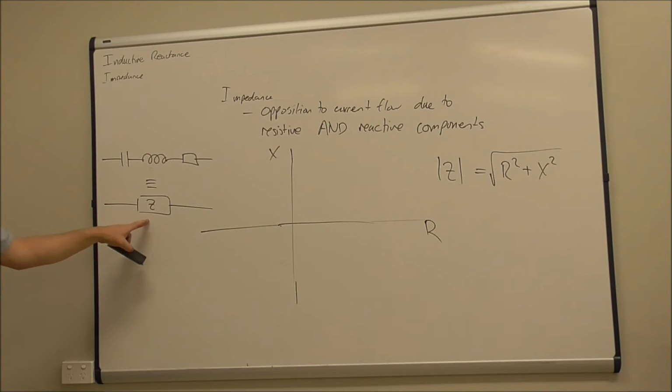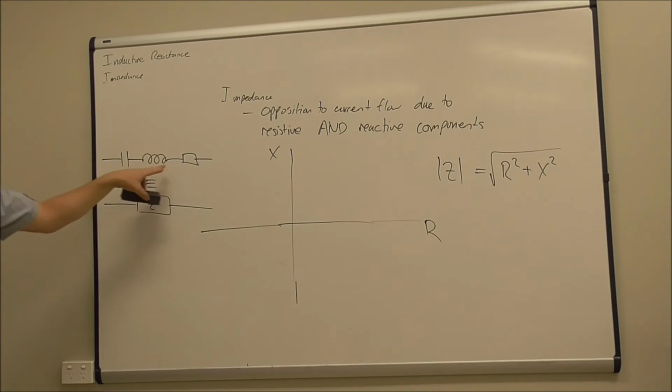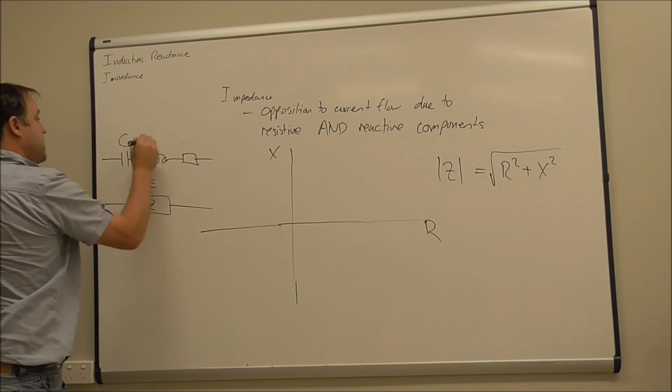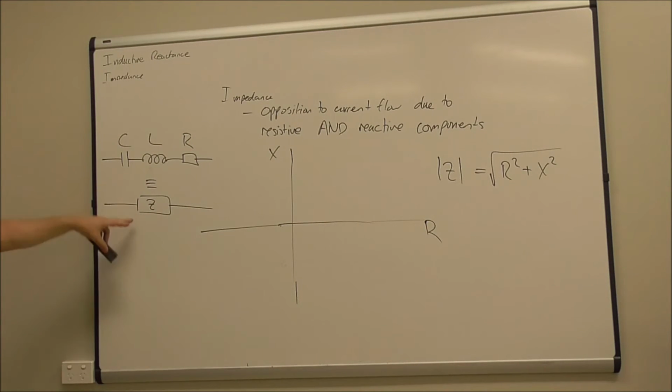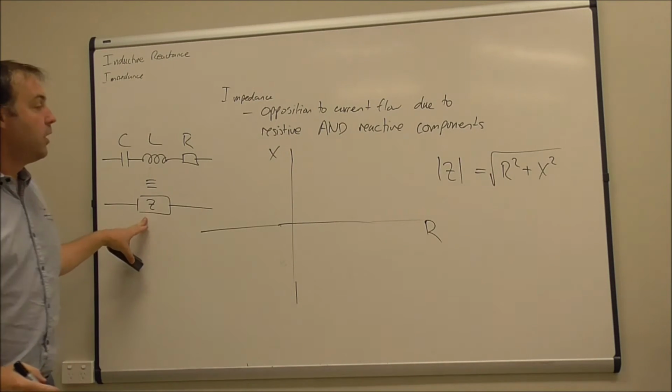Alright, so this is how we might show it. Just draw it as a resistor, but you label it Z instead of R to indicate it is an impedance, not a resistance. Okay, so I can replace these C, L and R with an equivalent resistance, or equivalent impedance, sorry, like that.